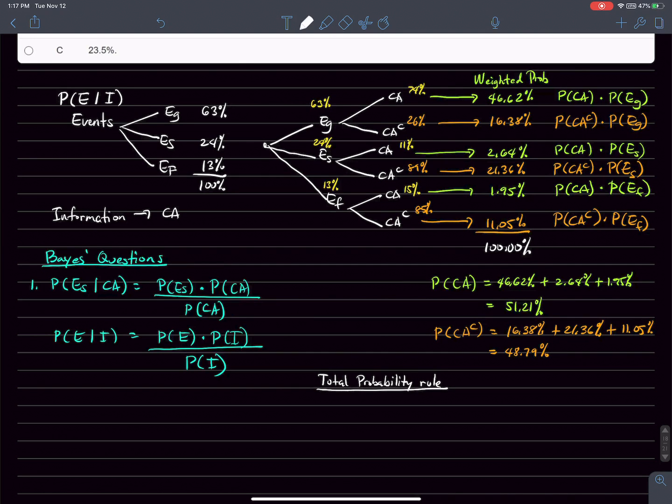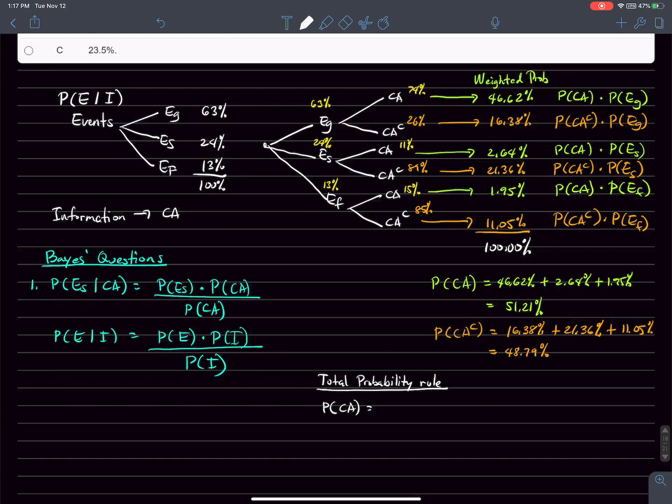The formula in the book is this: the probability of the event is equal to, in this case, the probability of the information.